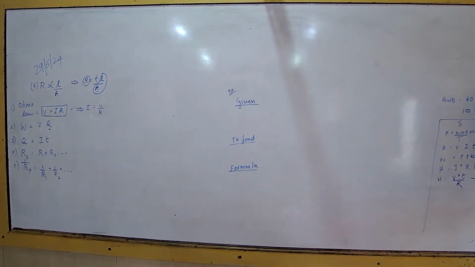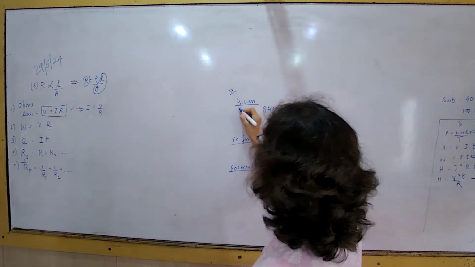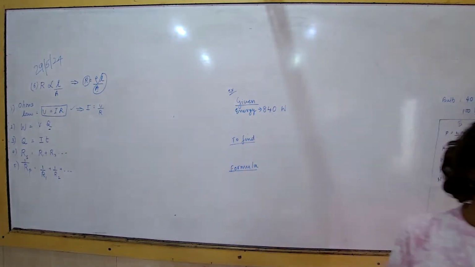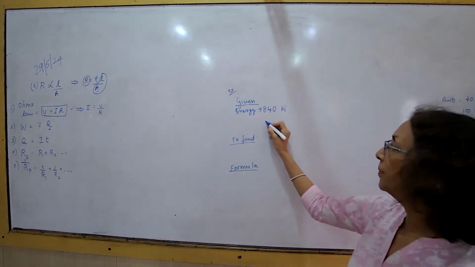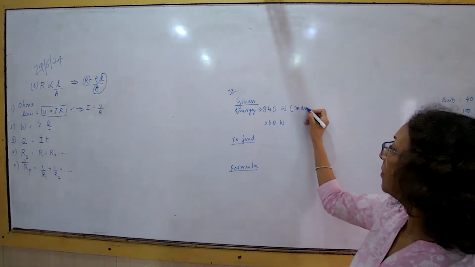An electric iron consumes energy at the rate of 840 W when the heating is at maximum rate, and 360 W when the heating is at minimum.